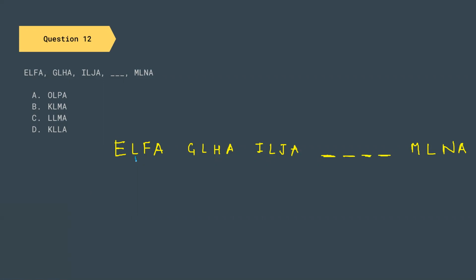We can see L here, we can see L again here, and we can see L again here, and there will be another unknown character here, and again L in this last word. So we can assume that L will come here. Now we can see A here, and we can see A here. We can also see A in the last one.